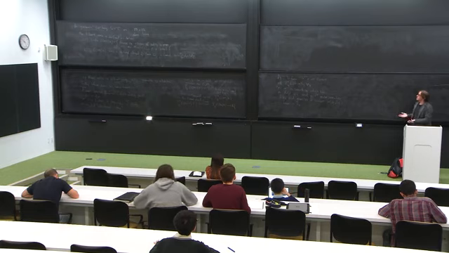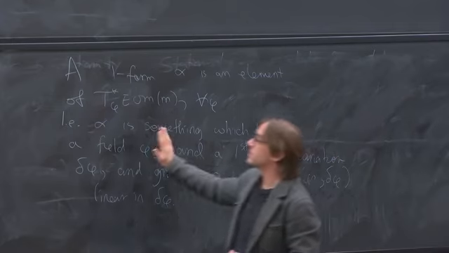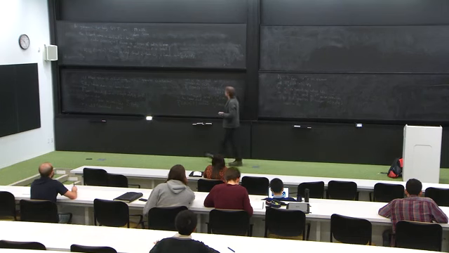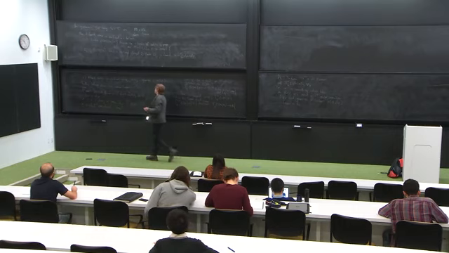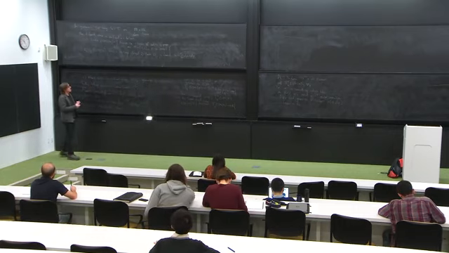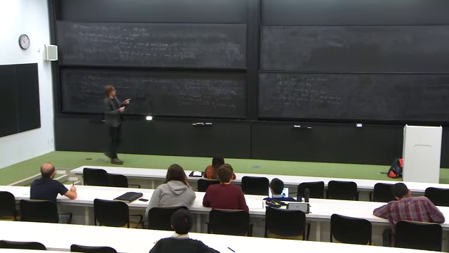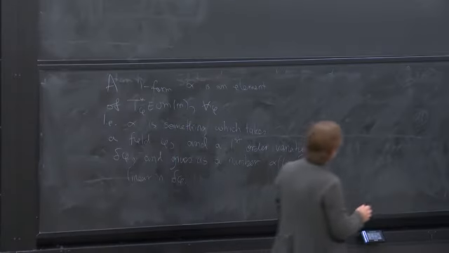So let's explain how to build it. As I said before, this is very special. The way we're going to build this uses the fact that the equations we're studying are variational equations. So this one-form alpha is going to be built using the Lagrangian.